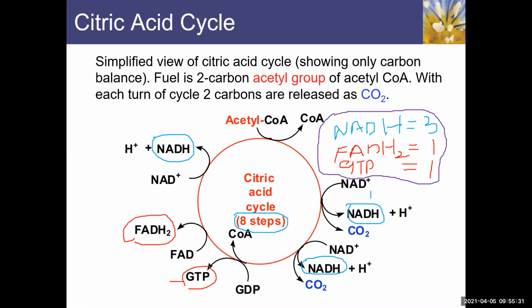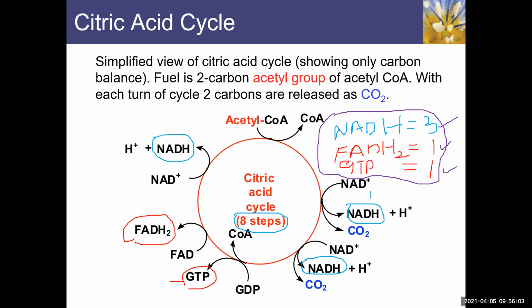We will go step by step. The next step is coming up, where we'll learn how it is done. First, we try to know what we are going to get after the Krebs cycle, and why we are studying the Krebs cycle. So how many? 3 NADH, 1 FADH2 and 1 GTP.